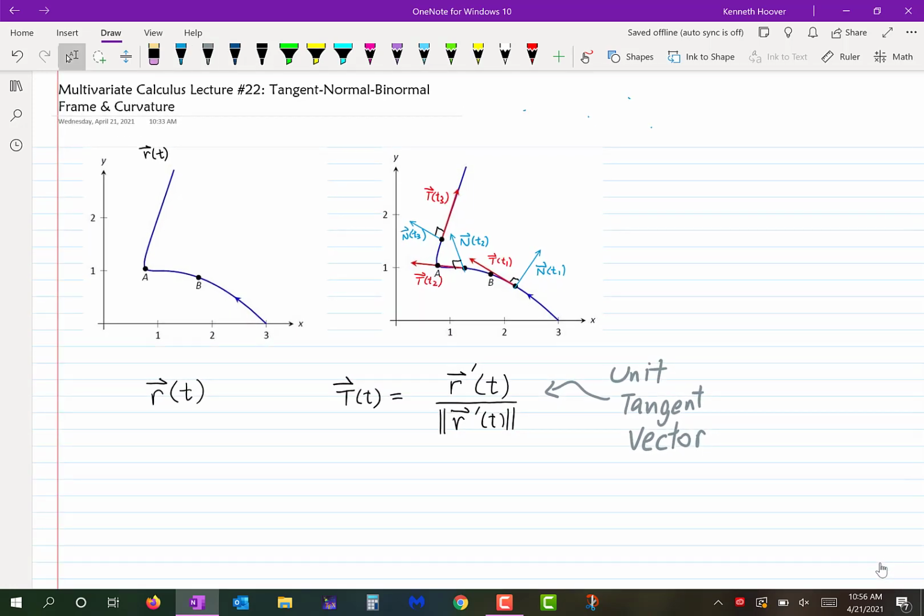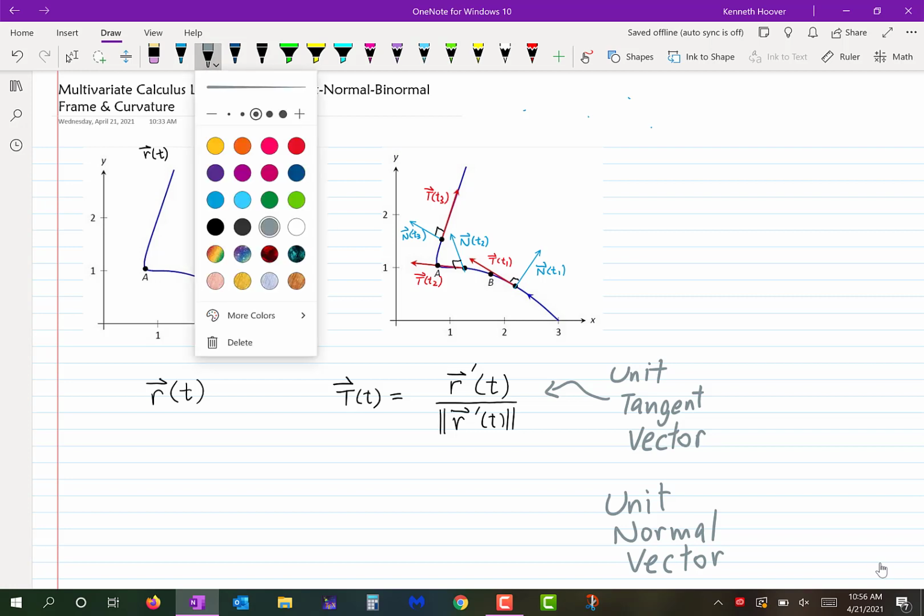And let me write that word down. Unit normal vector. It's always orthogonal to the tangent vector. Let's write that down.